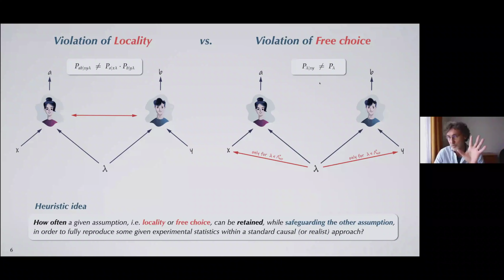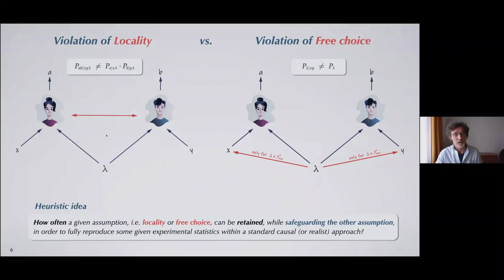Sometimes, at least sometimes, those conditions have to be violated. So here comes a heuristic idea how to compare those two on an equal footing. We can simply ask the question, how often, given assumption, whether it's locality or freedom of choice, can be retained while safeguarding the other assumption.